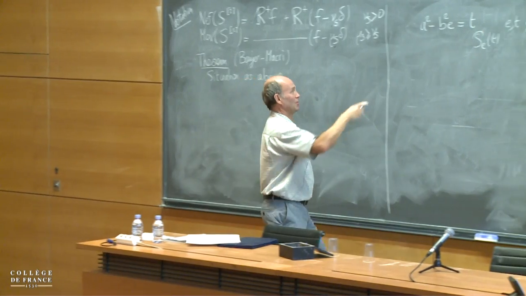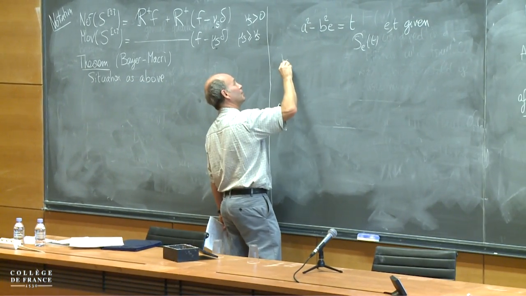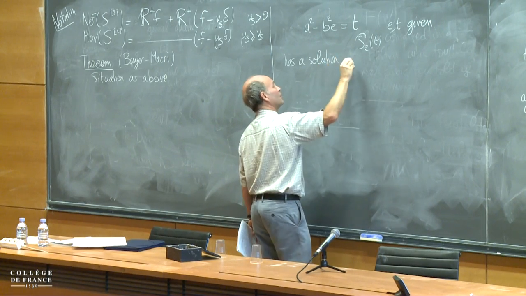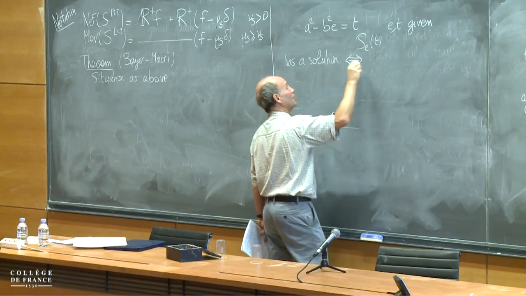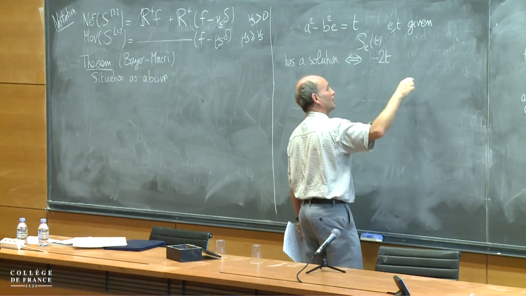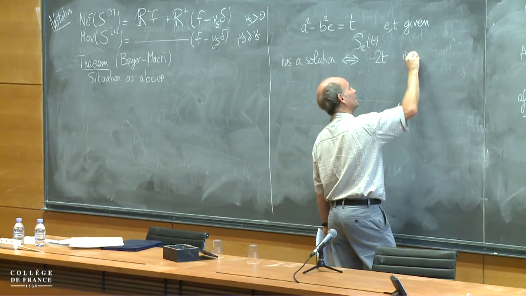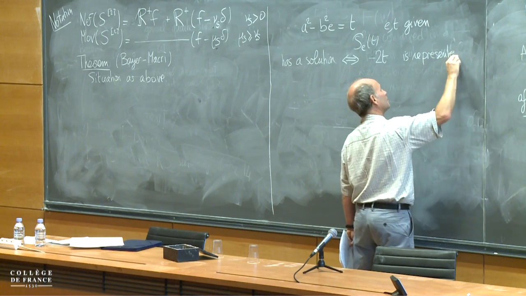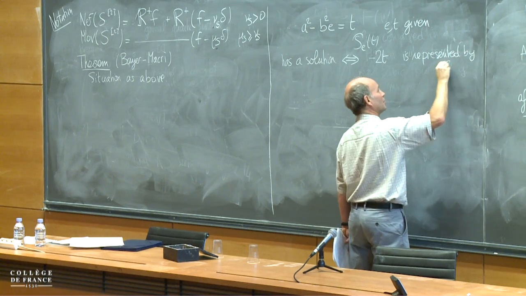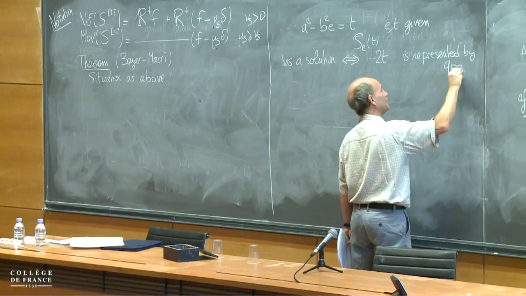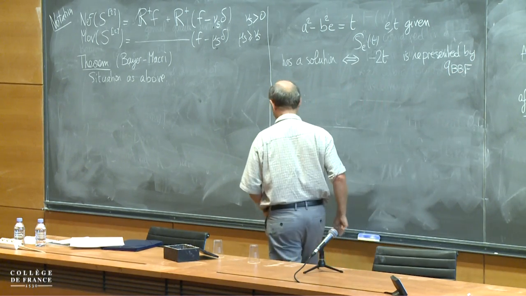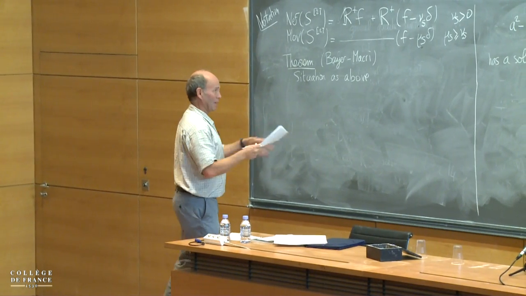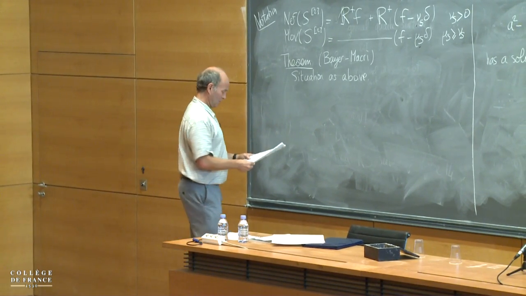So here e and t are given integers, and a and b are integers. And I call this equation P_e(t), so P is for Pell. This has a solution if and only if -2t is represented by the Beauville-Bogomolov-Fujiki form on this Hilbert square. So I'll use this notation to simplify the statement.